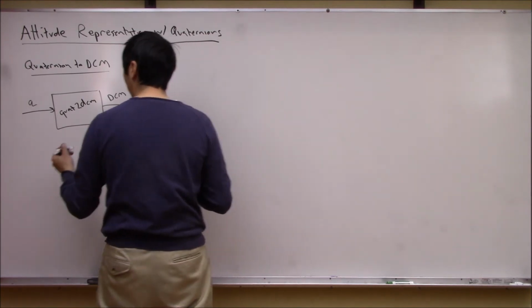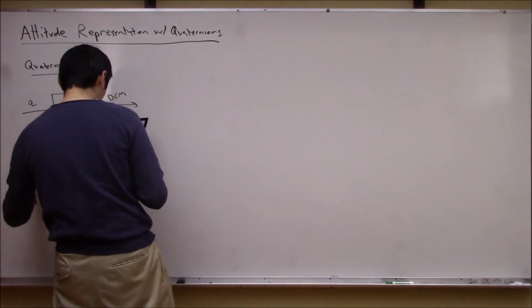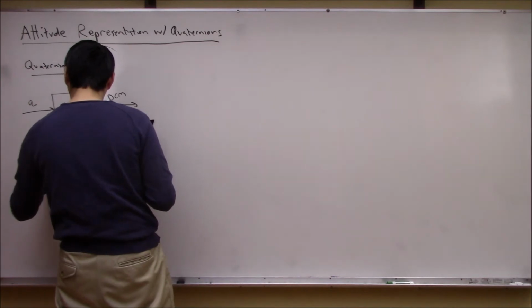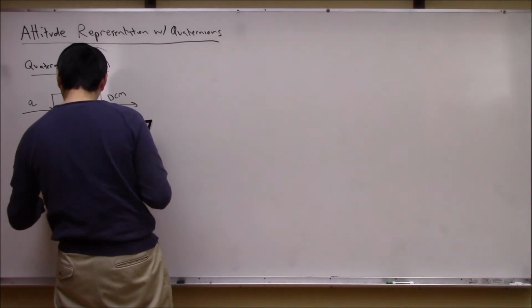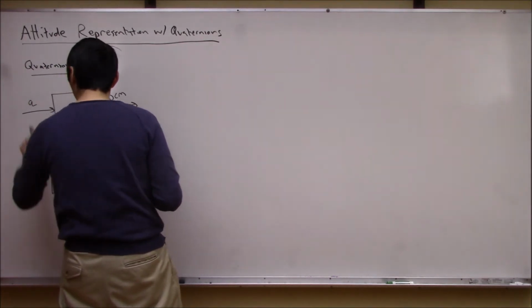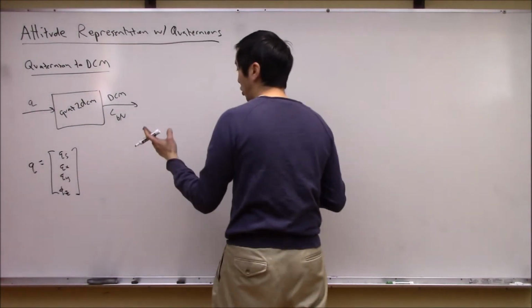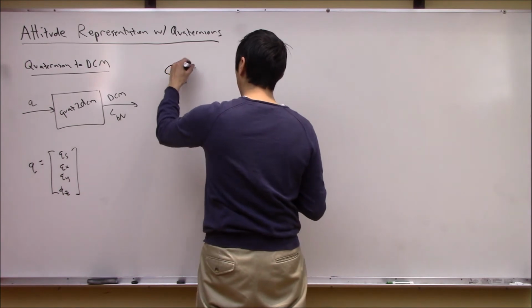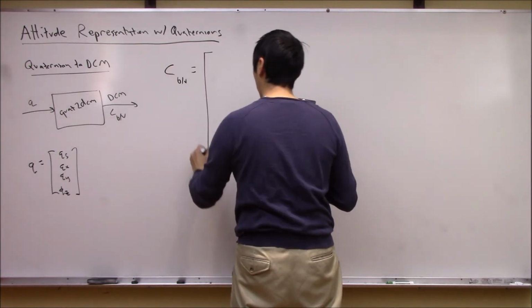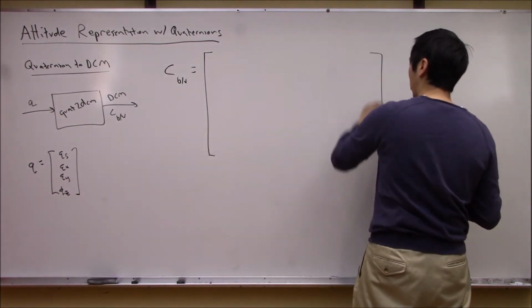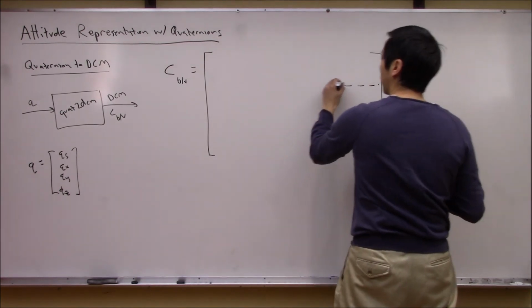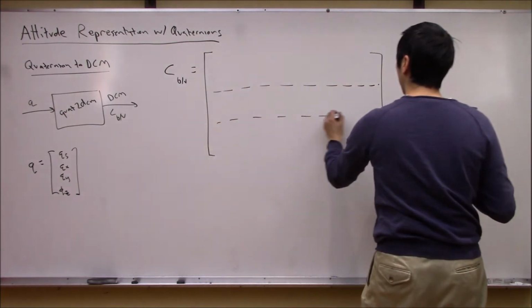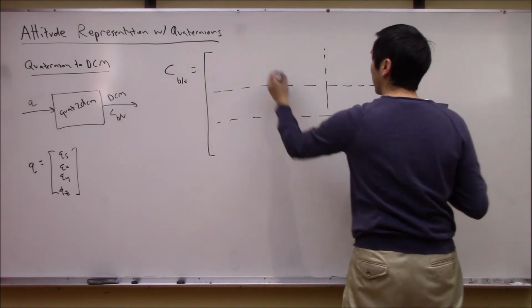Well, it turns out that this is not that bad. So again, Q is going to be QS, QX, QY, QZ. That's what's coming in. To do that, you basically are going to formulate CBV. It's just going to be your 3x3 matrix. Again, let me just draw this out. And it's just a direct function of all those quaternion elements.